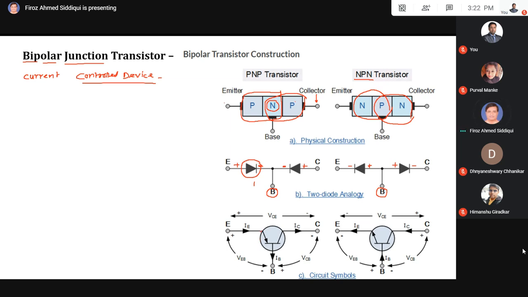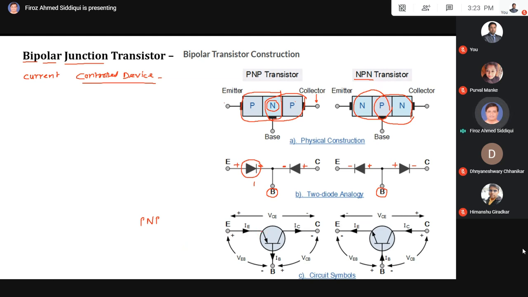So in PNP transistor, the arrow will be inward. Arrow will be inside, and this arrow is showing the direction of the current. Okay, so current will flow like this. Some current will flow through this IB from IE to IB, and some current will flow through the collector.